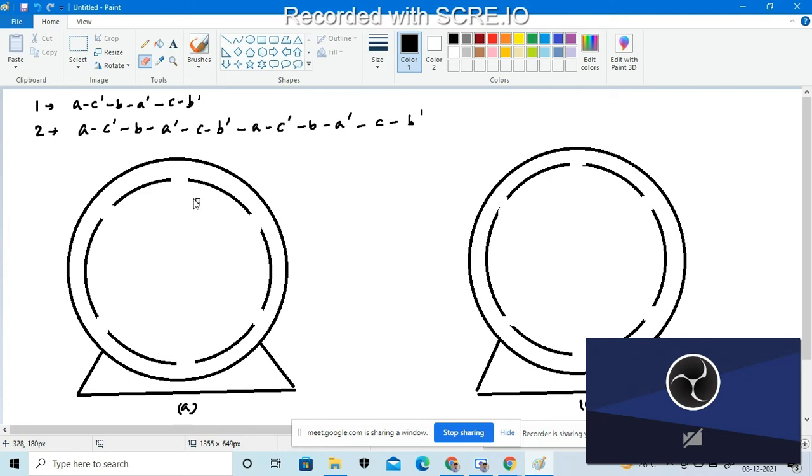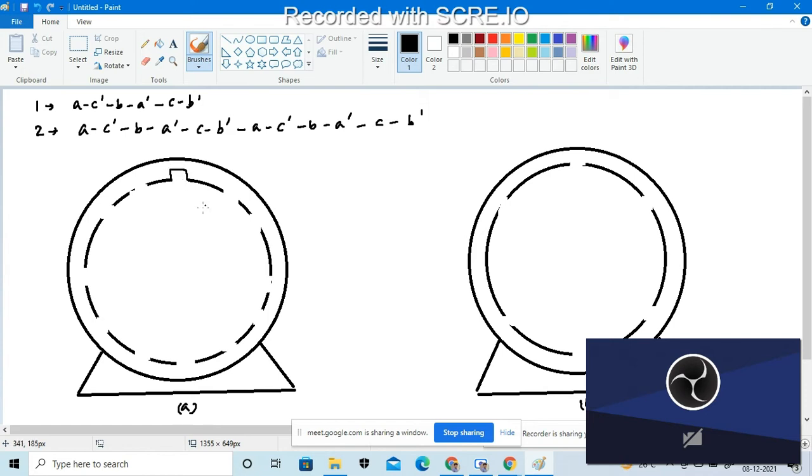So 12 blanks will be there here, here, here, and here also. So first I have to draw these so that you will be able to see how many angles will be there.